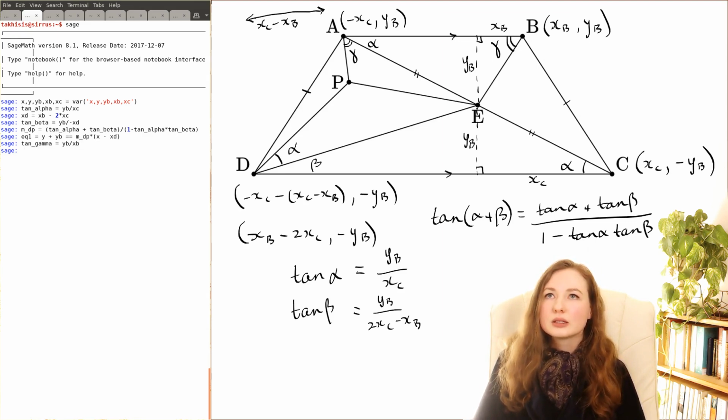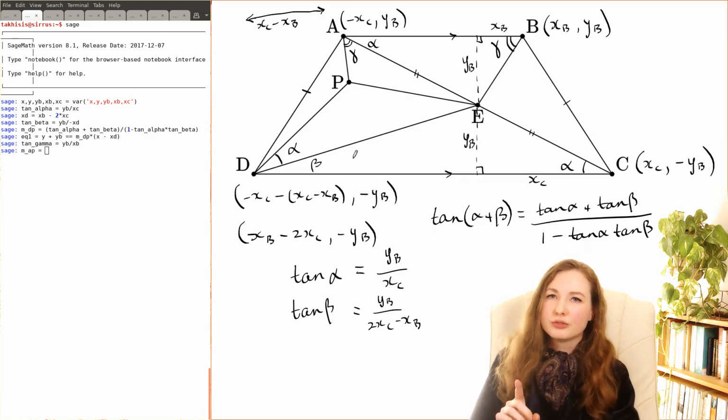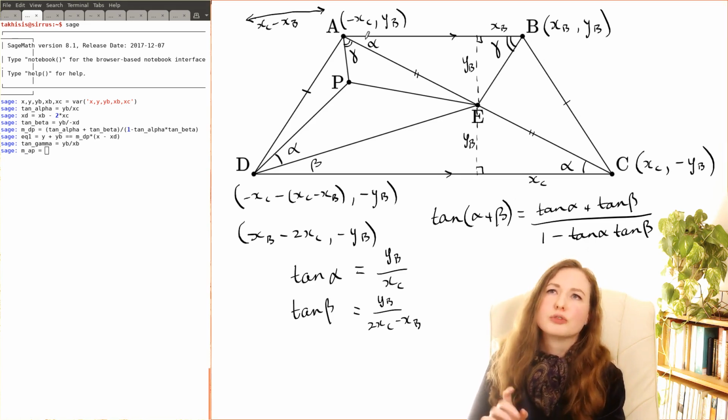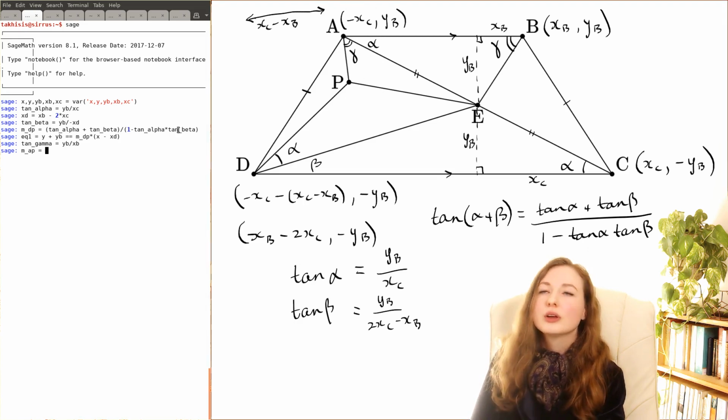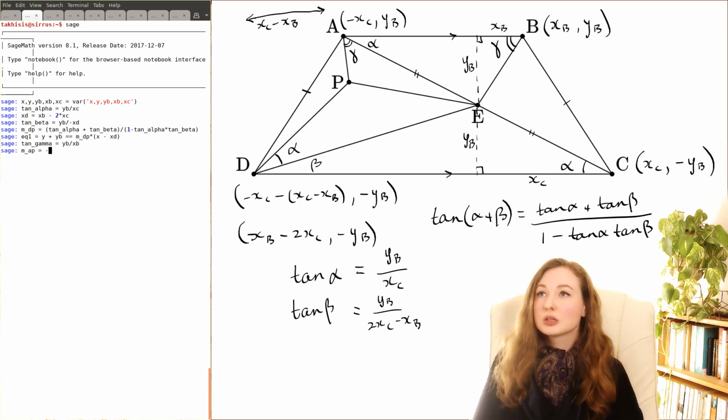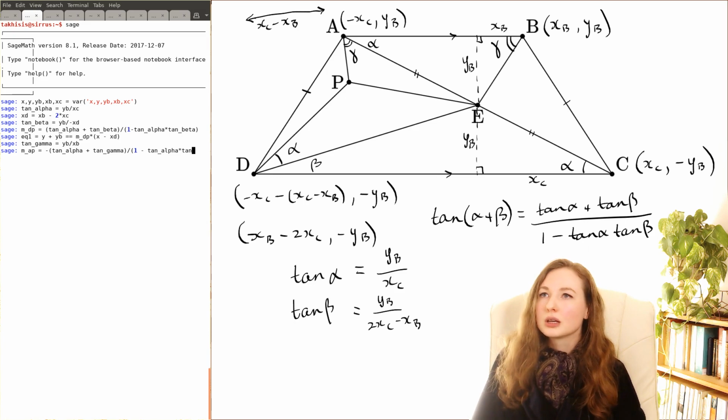And then we can say the slope of AP is going to be the negative of the tan of this angle, because it's going sort of down this way rather than going up. So it's going to be negative (tan alpha plus tan gamma) on (1 minus tan alpha times tan gamma).